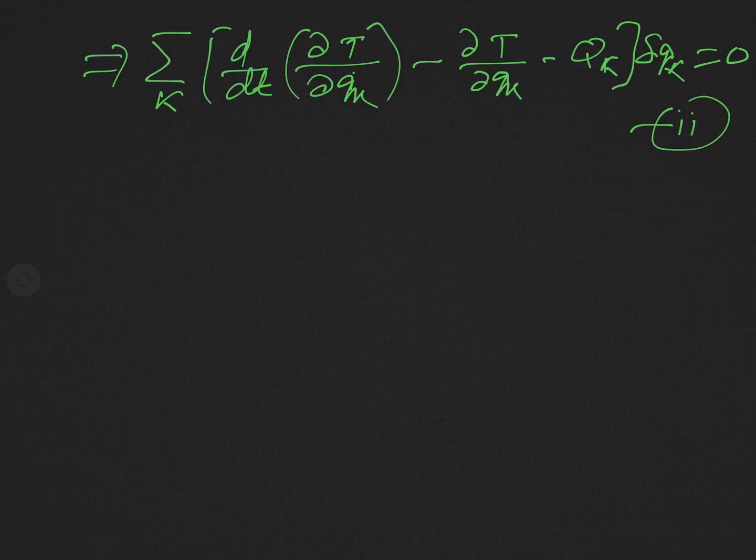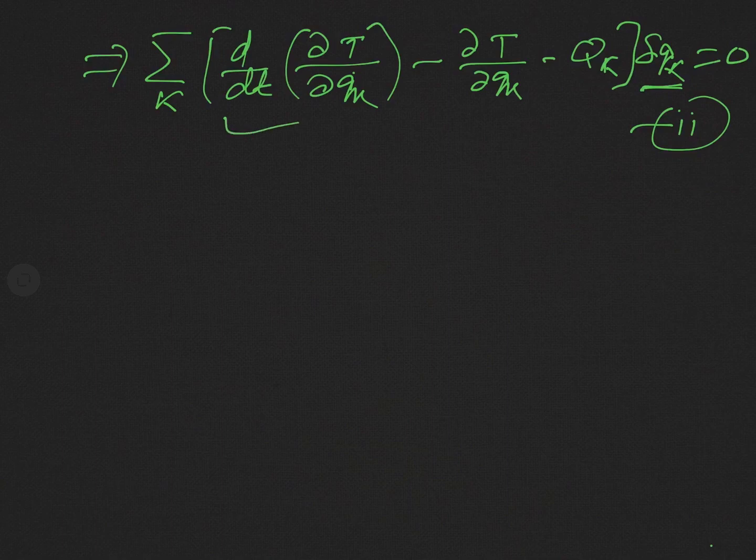Now we know that the generalized displacements delta qk are independent because the generalized coordinates are independent, and for each generalized displacement this result is 0.